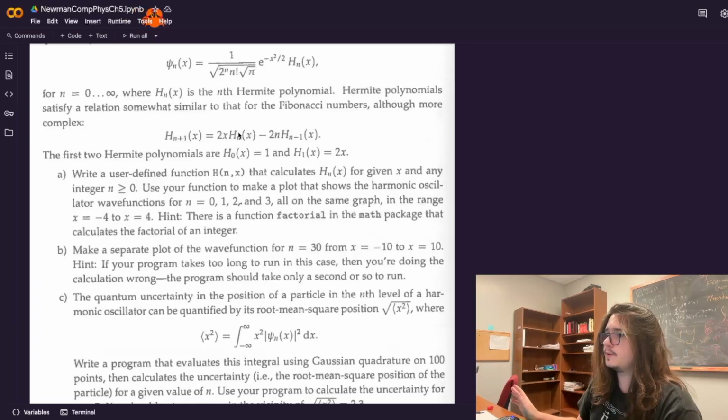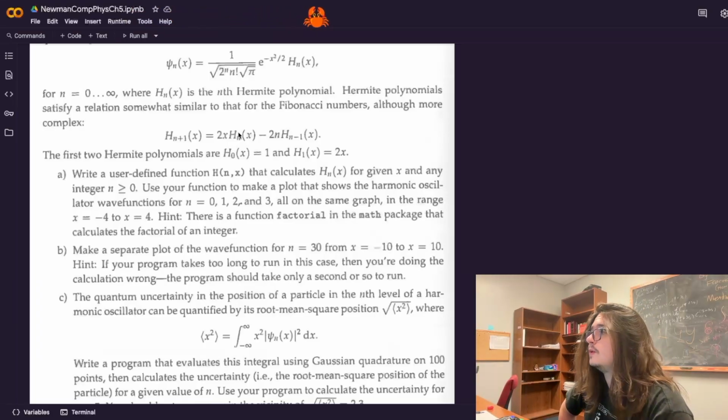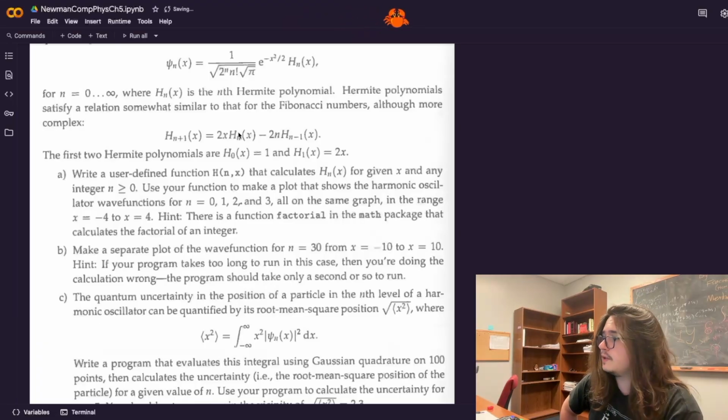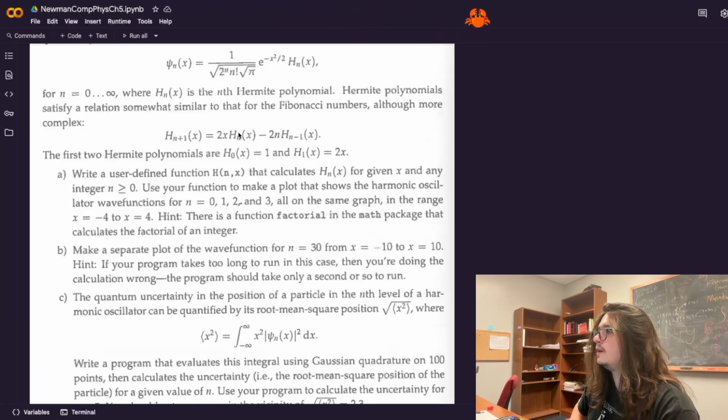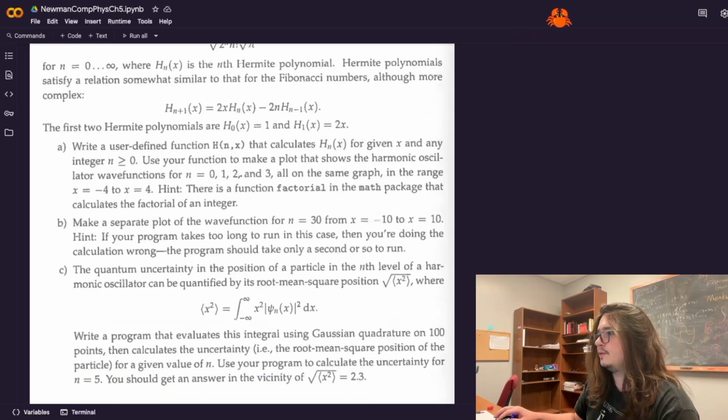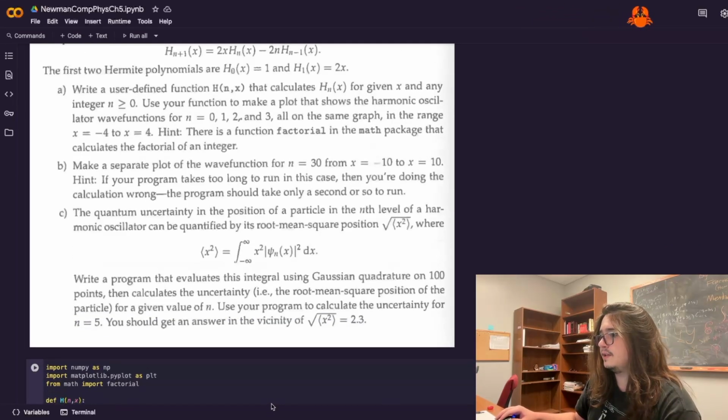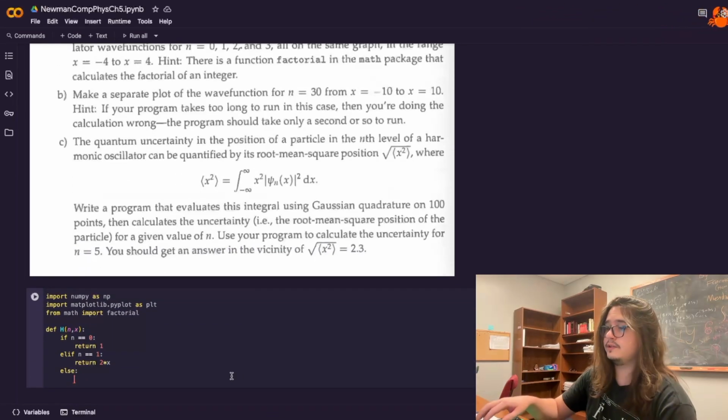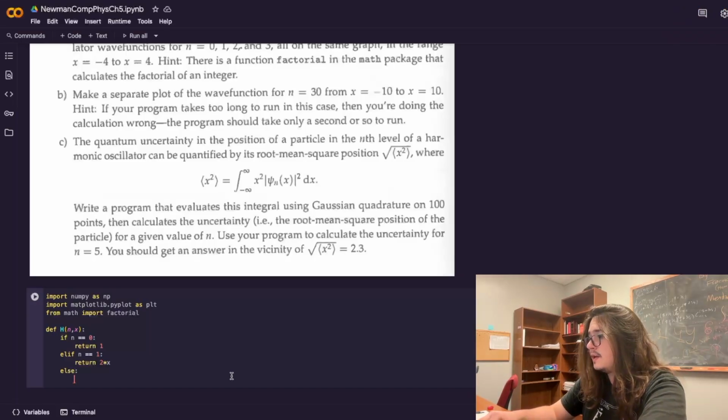And I am straight up just going to use recursion for this, even though it's not the fastest way that you could write this code. I just think it's fast enough for our purposes and easy to read. But if you wanted a faster version, so you can get to order n equals 100, you'd have to do something else.